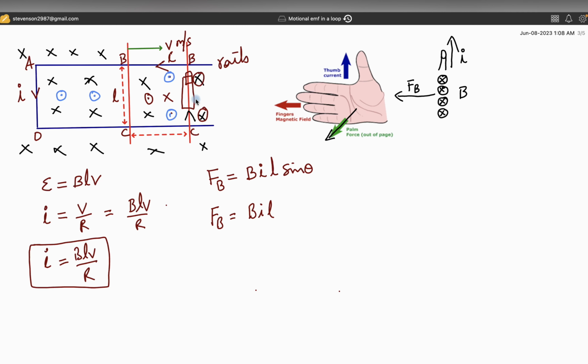That means the external agent is exerting some force towards the right. This is the force exerted by, let us say, Mr. Jordan, myself. As I am exerting this force, the induced EMF has developed, and that induced EMF has produced some induced current in the anti-clockwise direction.